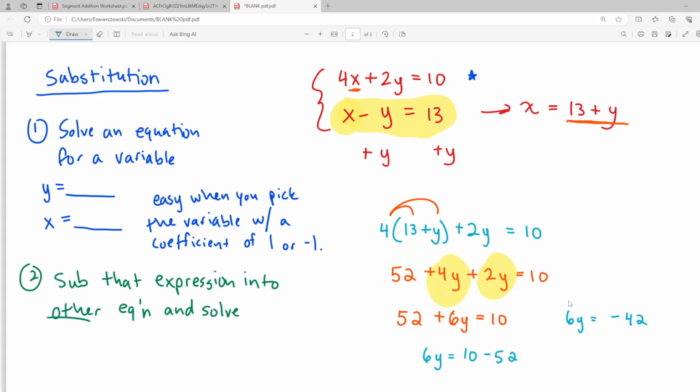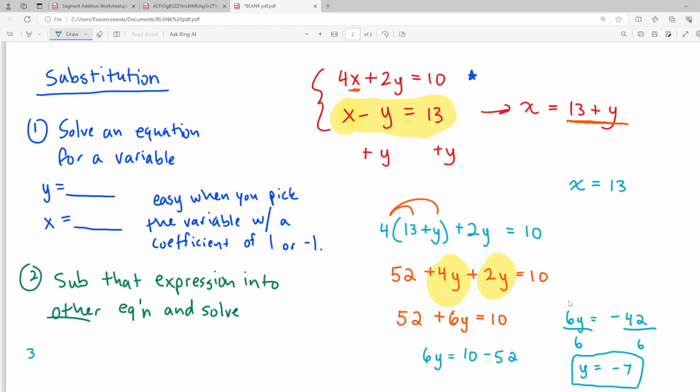Divide both sides by 6, and y will equal negative 7. Don't be afraid to grab a calculator when you need it. Remember, as you're going through these, pause the video if you need to, rewind, do all of those good things so that you're actually learning this stuff.